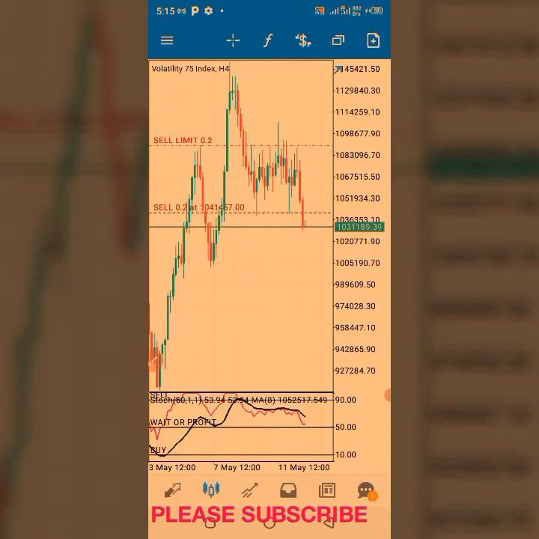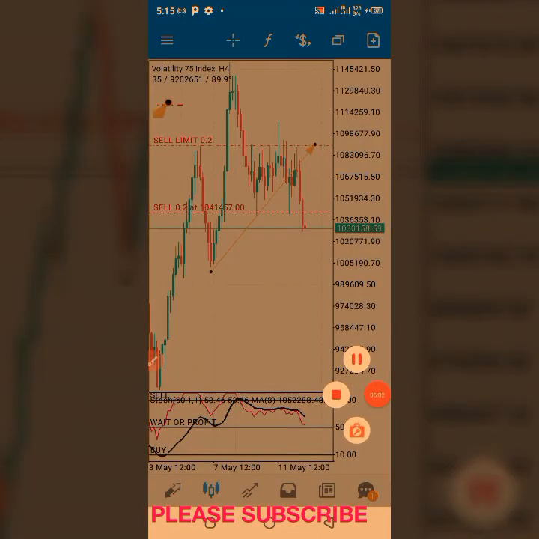This is the bottom. When you need to draw the neckline, you connect the bottom of the head and shoulder pattern, just like this. You should go and watch the video and learn about it. You connect this low and this low.